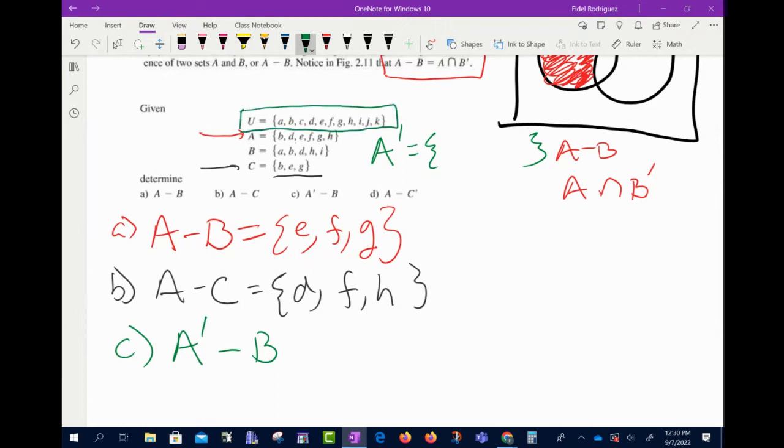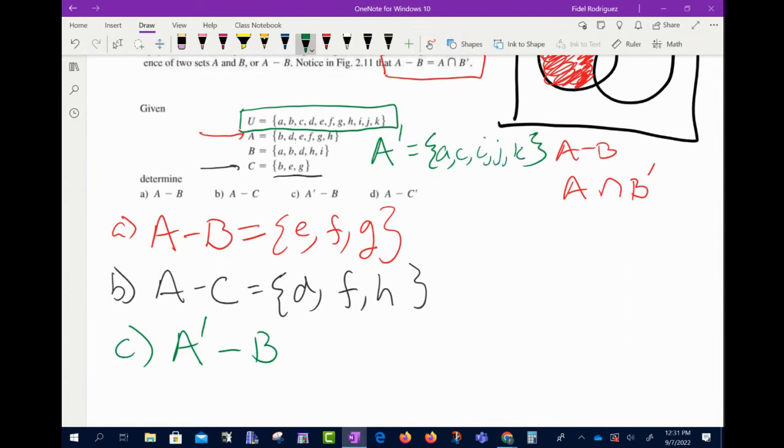And I'm going to say, okay, I want to pick the letters that are in the universal set, but are not letters in the set A. Anybody know what would be the first letter we would pick? A. Good. A. Not B, but we would pick C. Not D, not E, not F, not G, not H, but I, J, and K?